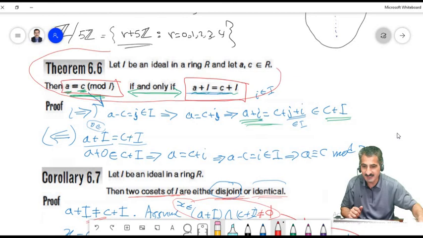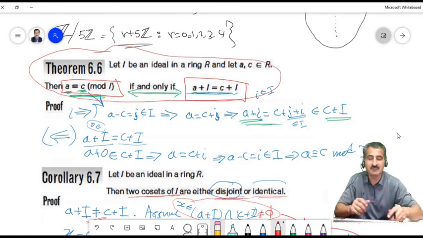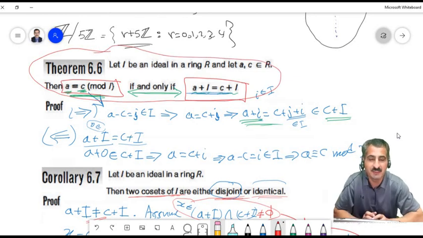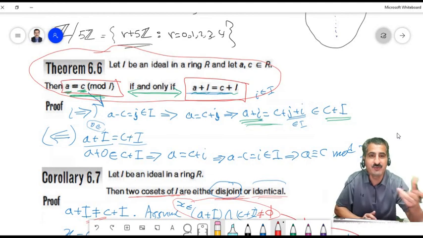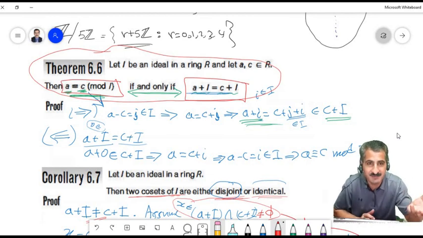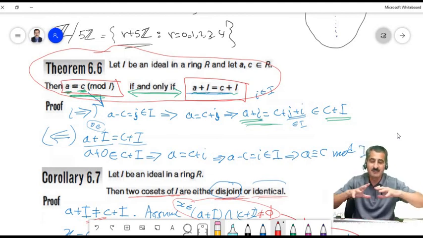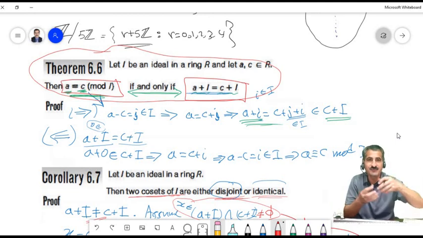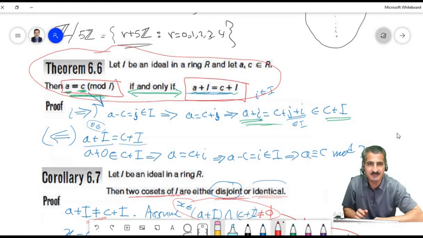It says, okay, if you have two elements that are congruent modulo I, then you can use any of them to represent the coset. So if you have a coset that has infinitely many elements in there, which one do you choose to represent the coset? The answer is anyone, any element, because all of them will always give you the same coset. Got it? Okay.